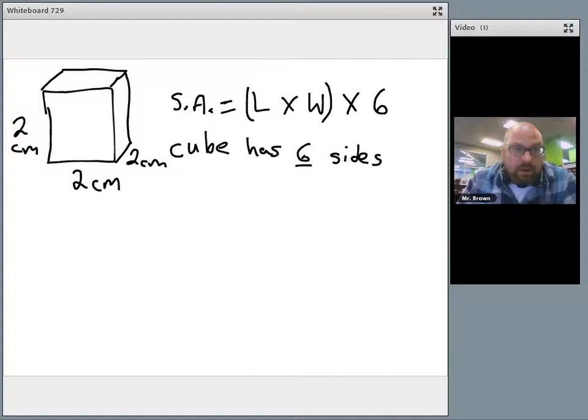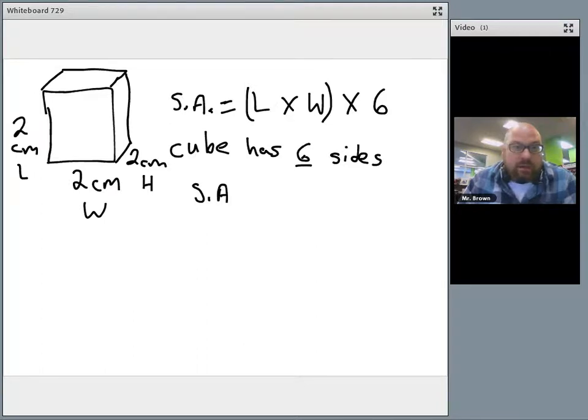So this is the width, and I will say this is the height. We know that surface area is length times width.